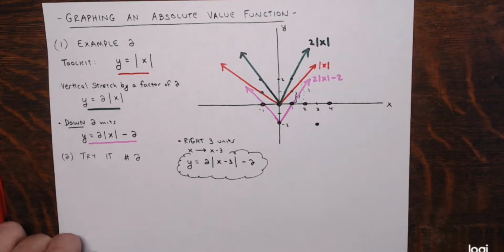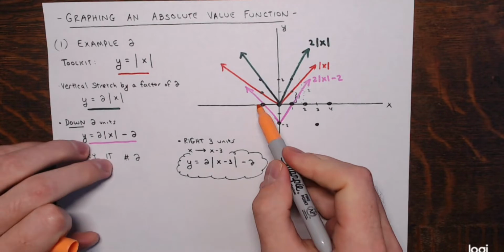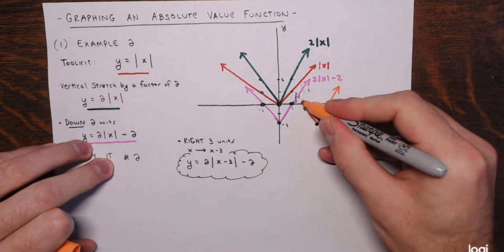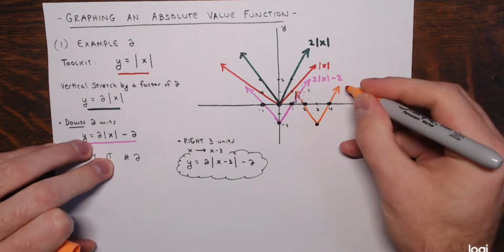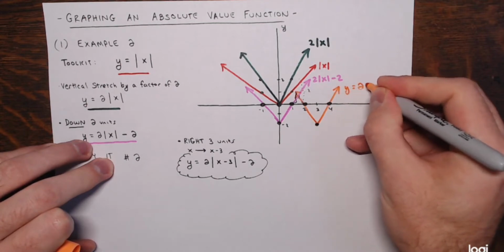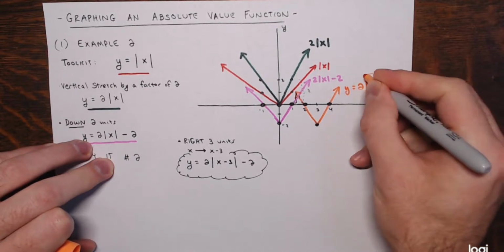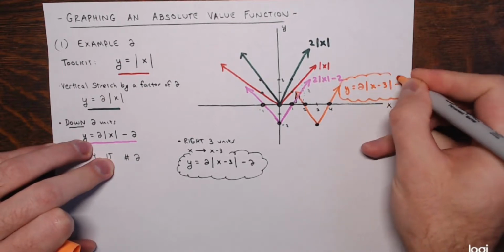It's that same pink graph moved to the right 3 units. This orangish graph I'm drawing here is the final graph: y equals 2 times the absolute value of x minus 3, minus 2. And there we go, this is a good equation for that graph.